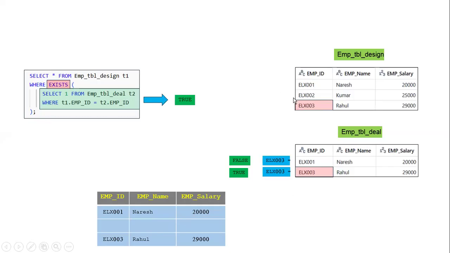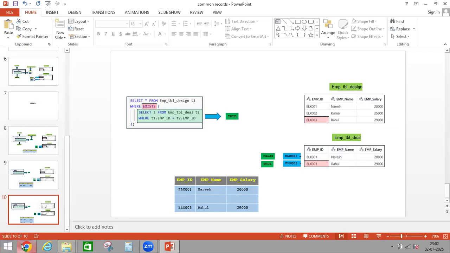In a similar way, it will check the second record with all 15 records of table 2. If any matching is there, it will print; if not, it won't. Then the third record of table 1 is compared with all 15 records of table 2, and so on until the 10th record. Like this, EXISTS works to get the common records.